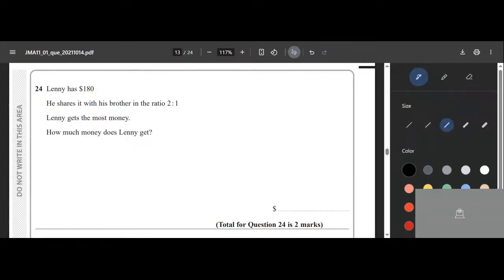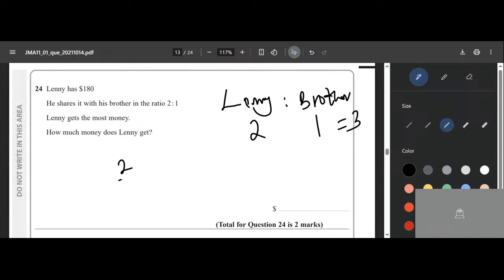He shared it with his brothers in the ratio 2:3. Lenny got the most money. So if I was to write Lenny and the brother here, 2:1. So Lenny automatically is the one having the most money. So he took the ratio 2. So total ratio here is 3. How much did Lenny get?